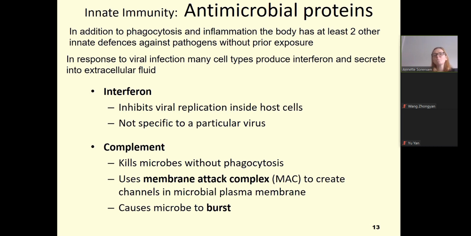Complements are different to phagocytotic cells. Complement proteins kill microbes without phagocytosis. We'll look at this in a minute, but what they do is launch this membrane attack complex. It creates a channel in the plasma membrane of the microbe, which leads to the microbe bursting.